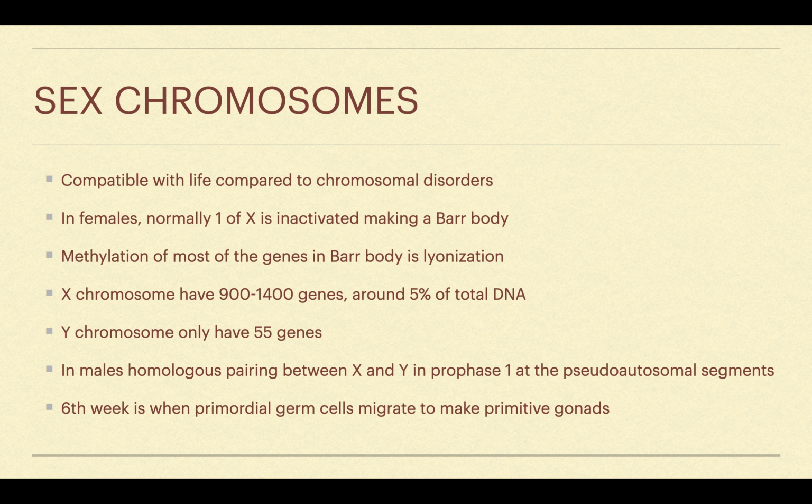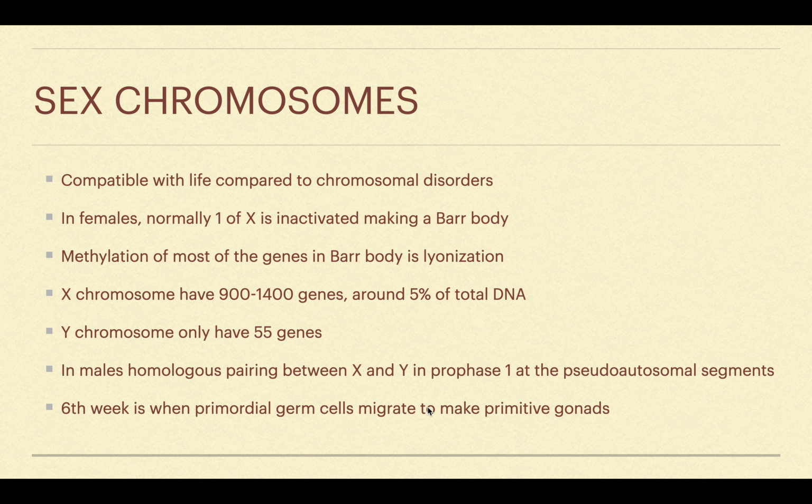Because in females, normally one of the X is inactivated, making a Barr body. Methylation of most of the genes in the Barr body is the process called lyonization. And why is that somewhat useful? Because if you have XXX syndrome, most of them are going to be inactivated, so it's compatible with life because you only really need the one chromosome.